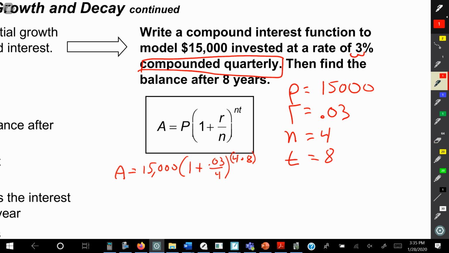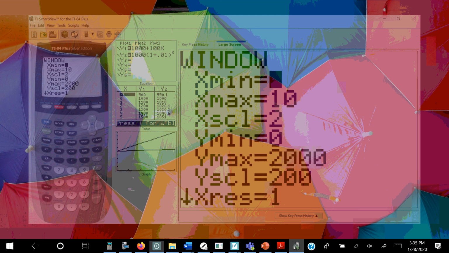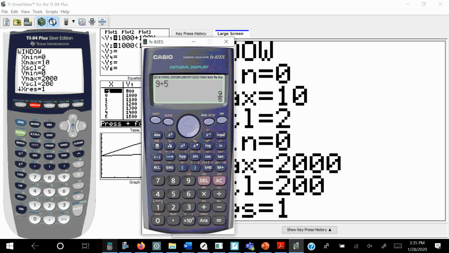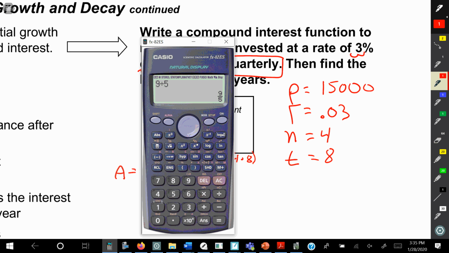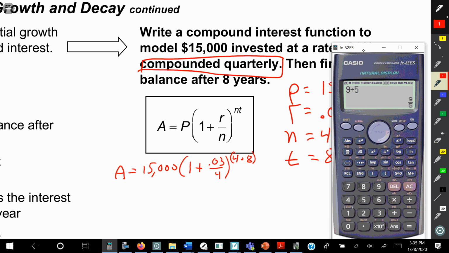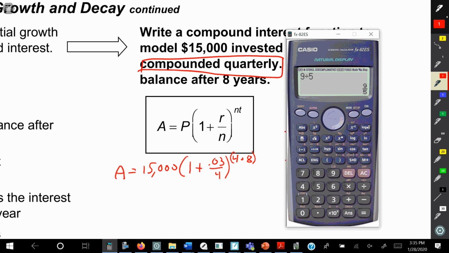Now I'm going to type all of this into the calculator to get my answer. So I type 15,000, open parentheses, 1 plus, and this is a fraction.